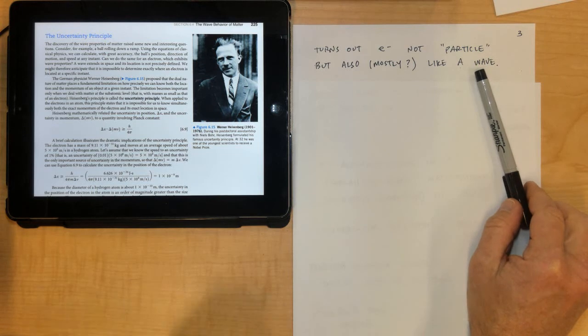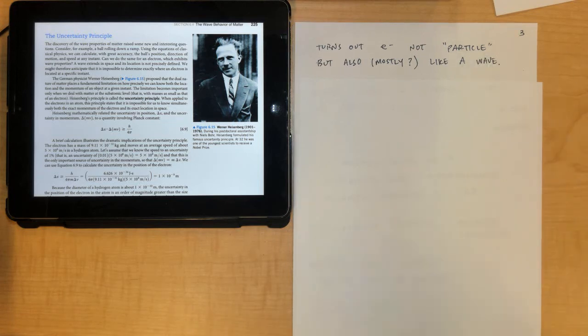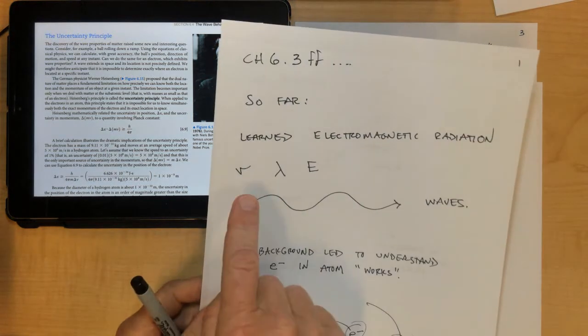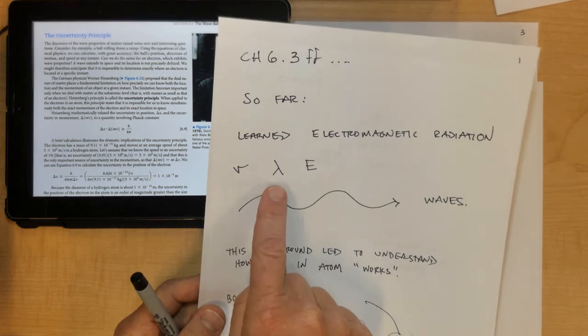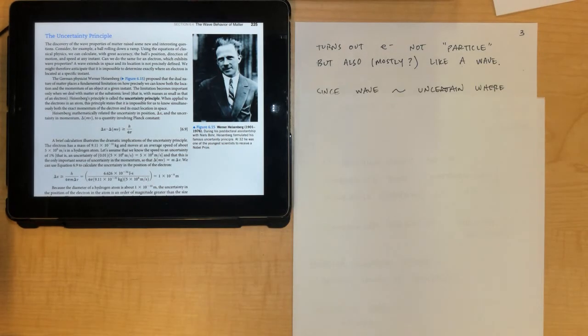And so here's where the conflict comes in. Is the electron acting like a particle, or is the electron acting like something with frequency, wavelength, and an amount of energy? Well, it turns out that we describe it as both. And since we describe it as both, we are uncertain where the electron actually is.